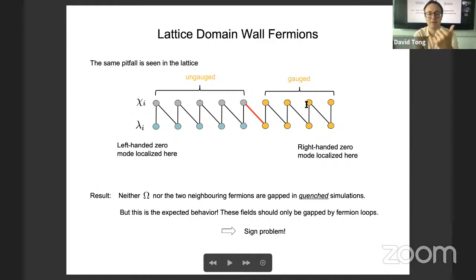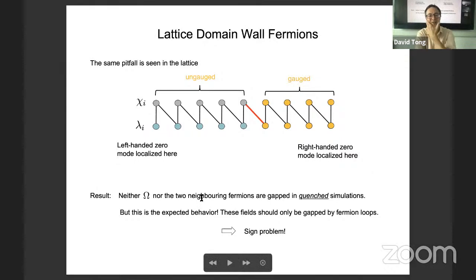And in fact, from the continuum analysis or the Weingarten inequalities, you know that you're not going to be able to gap these fermions on one side unless the theory you have here has a sign problem, because theories with a positive definite measure for fermions cannot give this symmetric mass generation that you want.